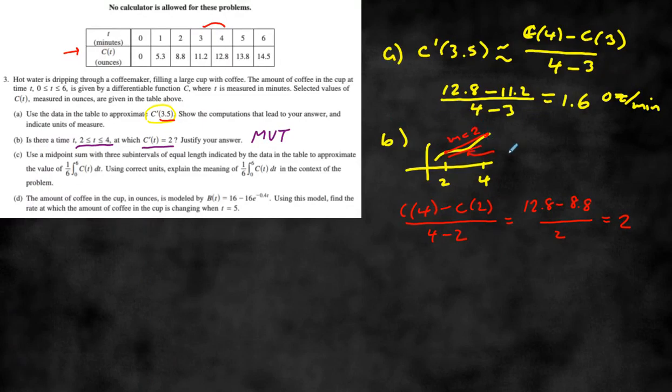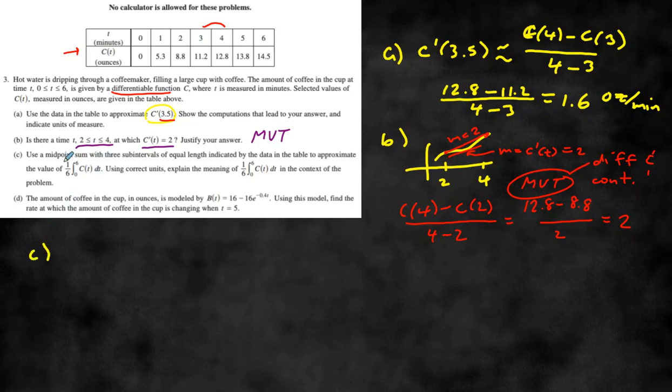That means that somewhere in there, the slope, which would be the derivative, is going to equal 2. The mean value theorem is the way you prove that. You do need to state, and the problem tells us, that it is differentiable fully, and we know that if it's differentiable, then it must be continuous. We need to state these things to justify the use of the mean value theorem.